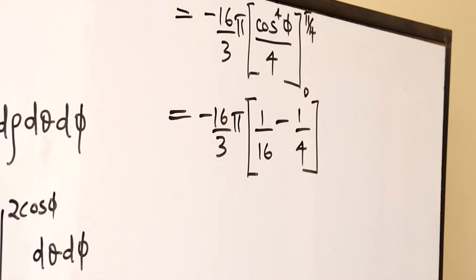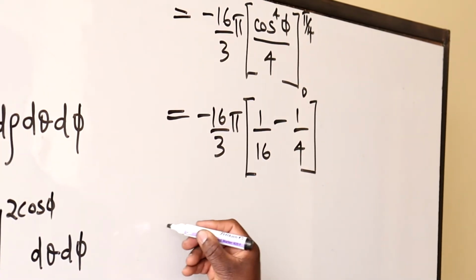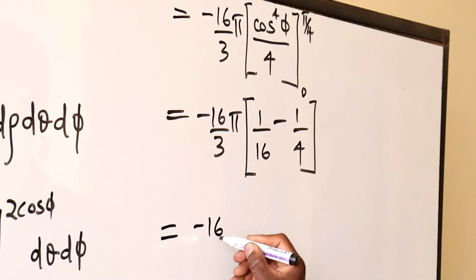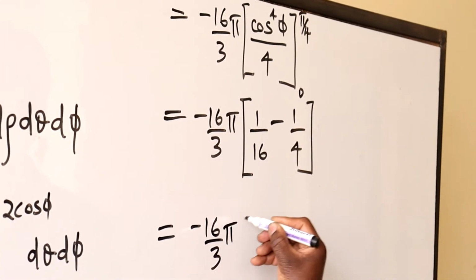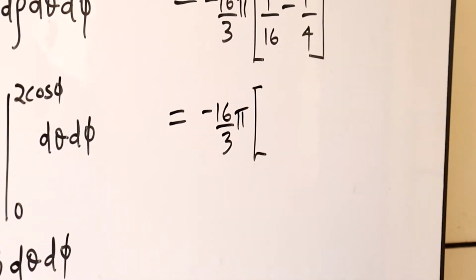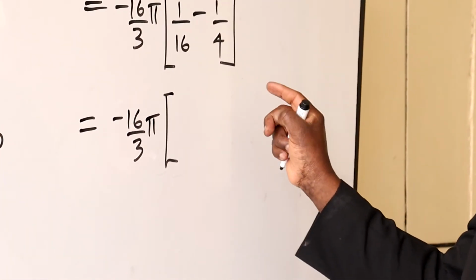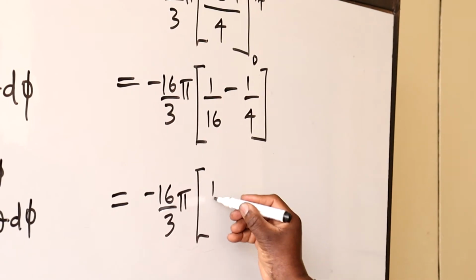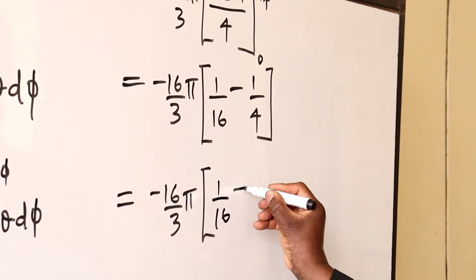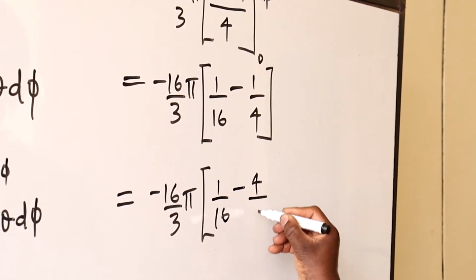So this will be minus 16 over 3 pi into 1 over 16 minus 4 over 16.